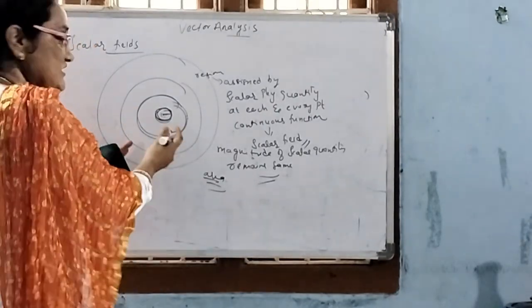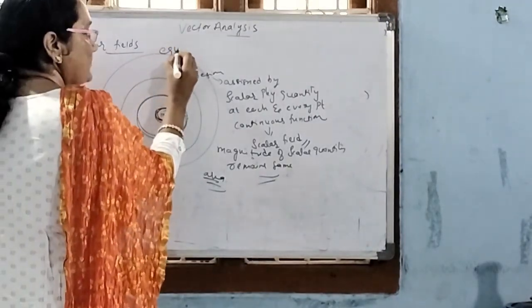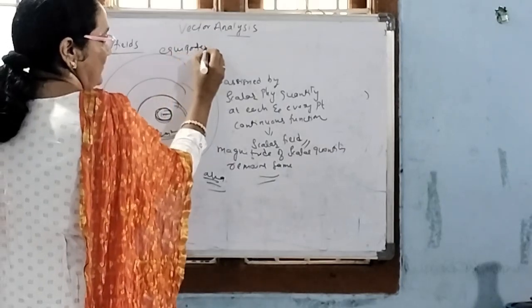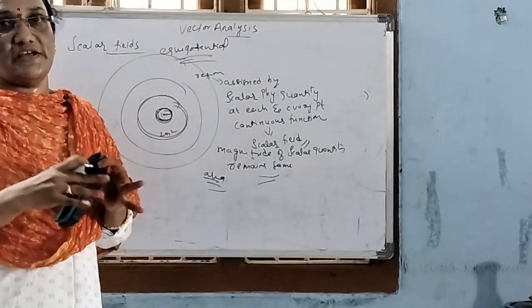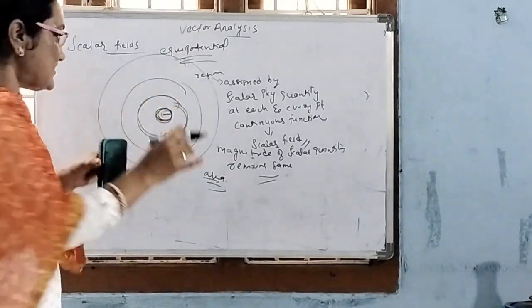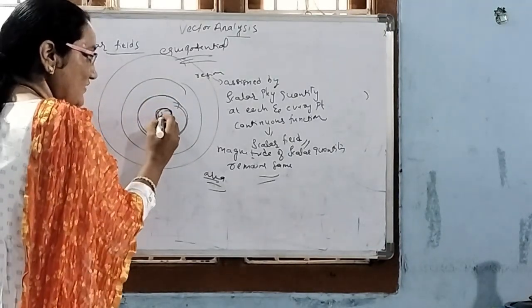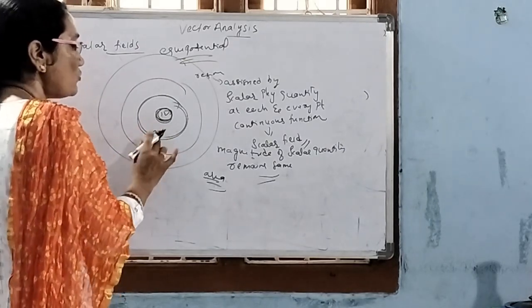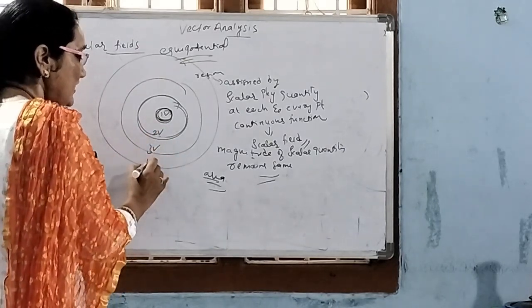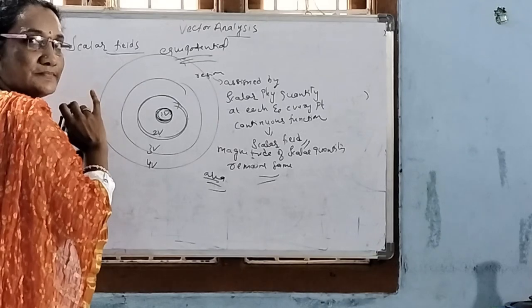Right? Now, examples of such surfaces are equipotential surfaces, the best example. For example, if the potential value is 1 volt on this inner surface, the potential will be 2 volts here, 3 volts here, 4 volts here.